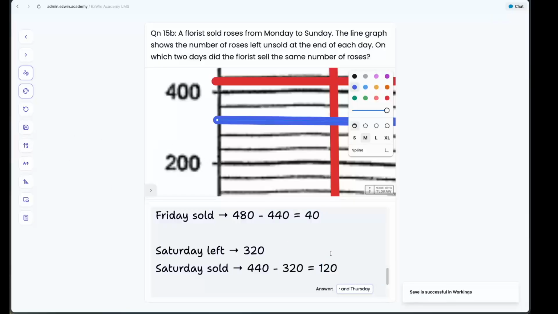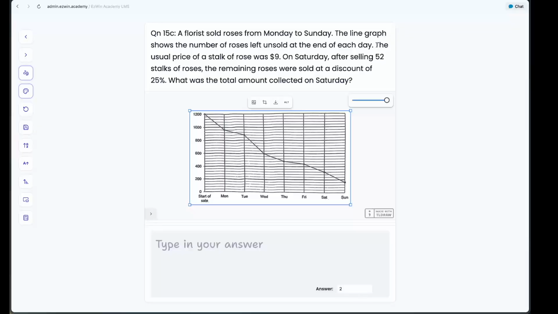There you go. For part C, it says the usual price of a stock of roses was $9. On Saturday, after selling 52 stocks of roses, the remaining roses were sold at a discount of 25%. What was the total amount collected on Saturday?